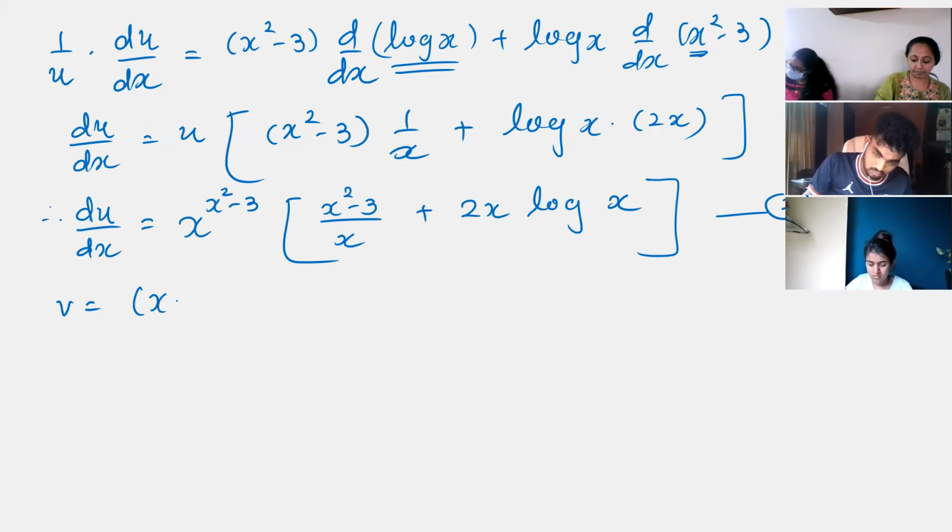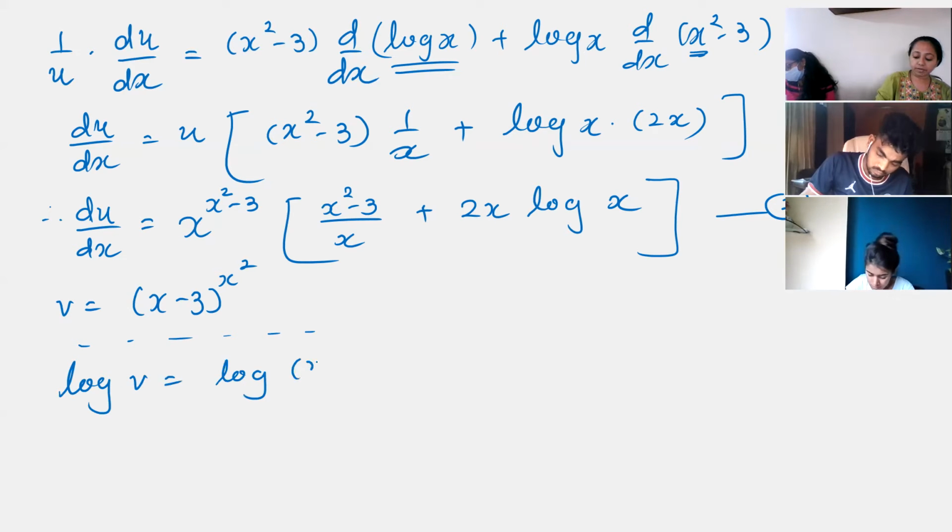Let's take v that way. We have assumed v = (x − 3) to the power x². Again, power, we can see an x term, that means taking logarithm on both sides. Log v is equal to log of (x − 3) to the power x².